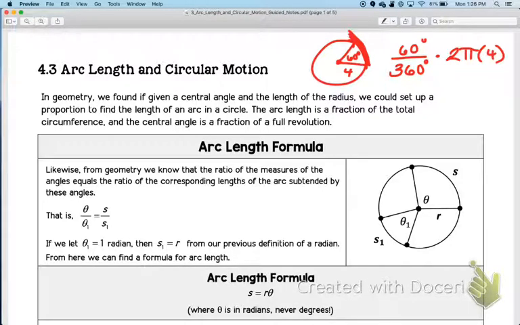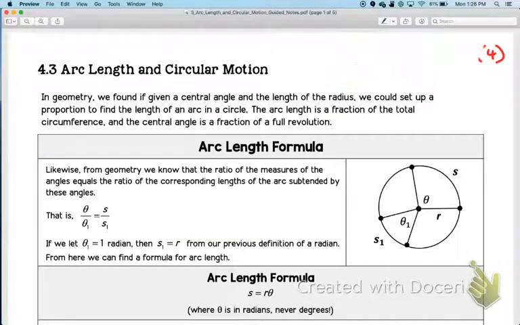degrees, okay? Because remember, our radian is the measure of that central angle that's equivalent to the radius of the arc length. So if we use this same concept, but now we're flipping it to radians, it's a lot easier of a formula. From geometry, we know that the ratio of the measures of the angles equals the ratio of the corresponding side lengths of the arc subtended by these angles.